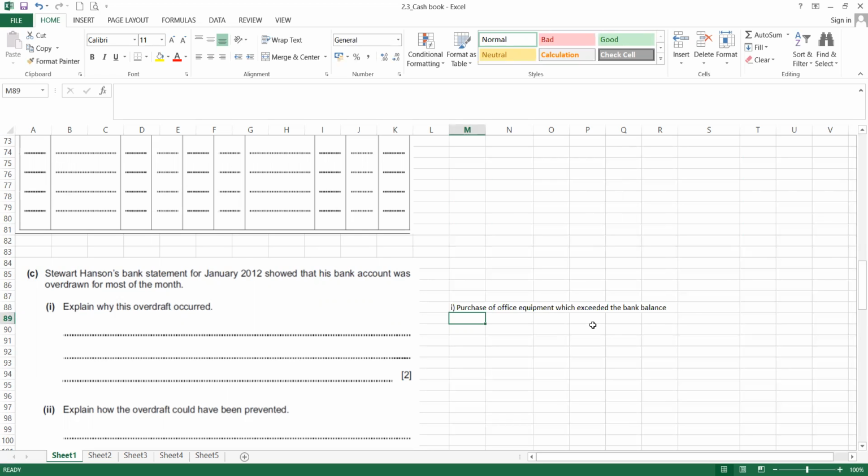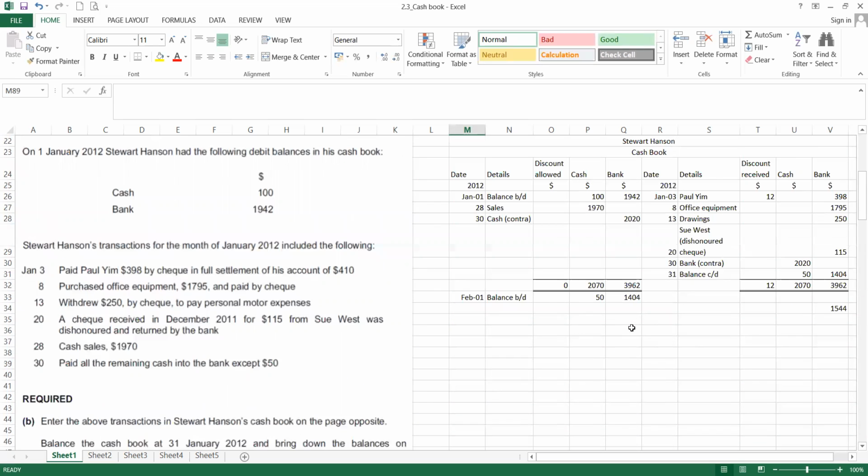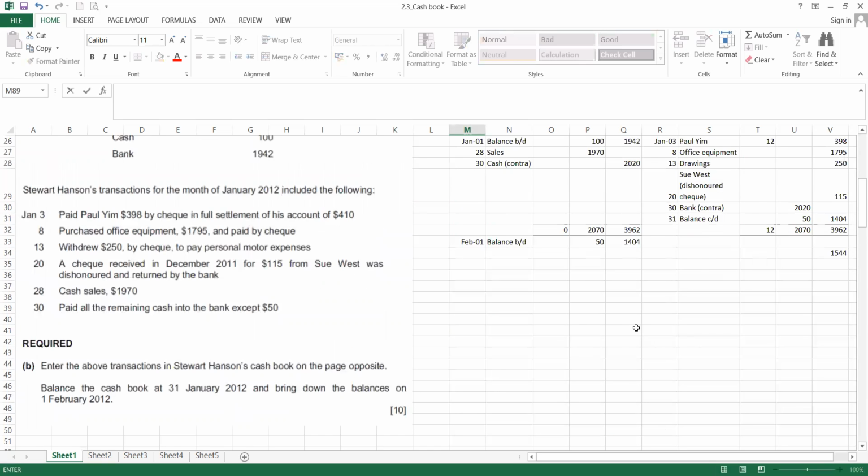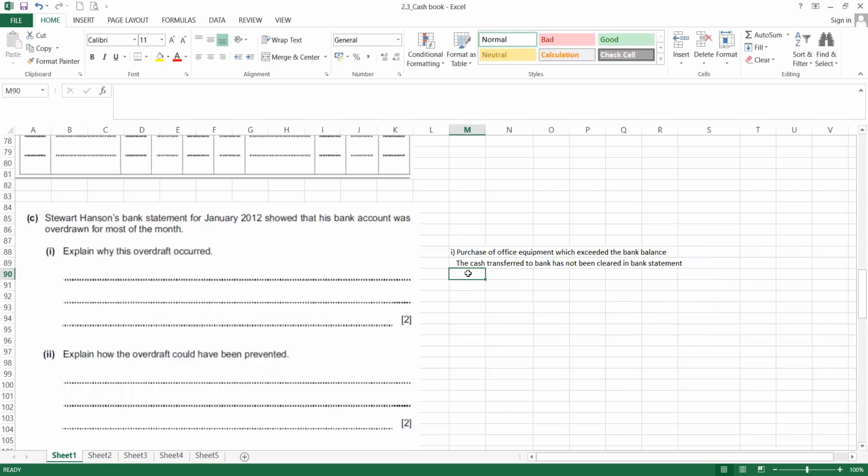It could be due to the cash transfer to bank has not been cleared in the bank statement. So it means that actually the bank has not recognized the transfer yet. So that could be the reason.